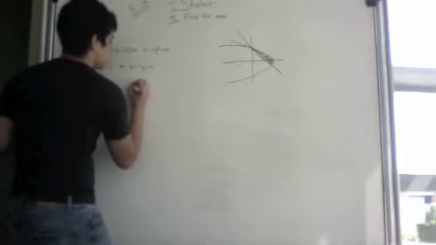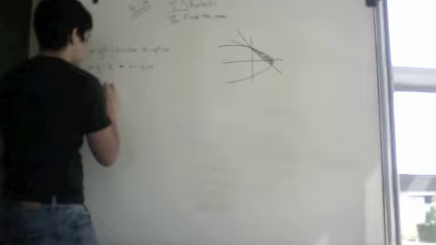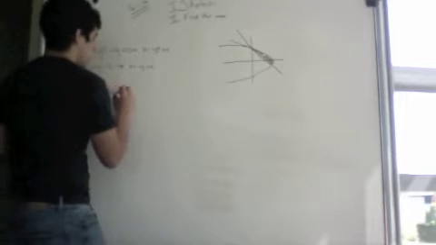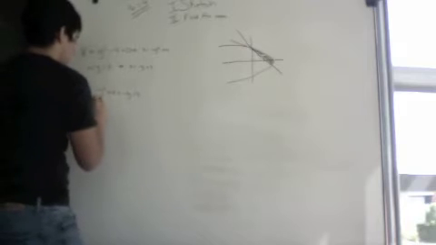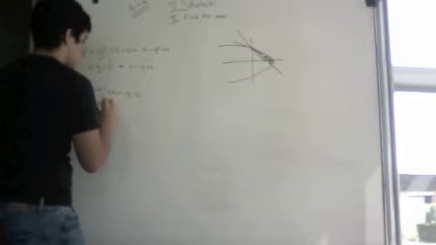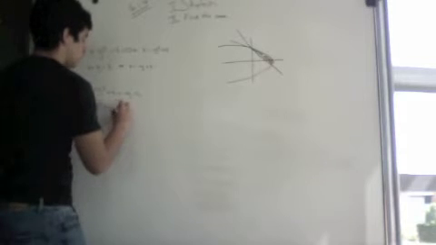So we make this one equal to this one, so it would be negative y squared plus 4 is equal to negative y plus 2, and we solve, so it would be negative y squared plus y, positive 4 minus 2 would be plus 2, is equal to 0.